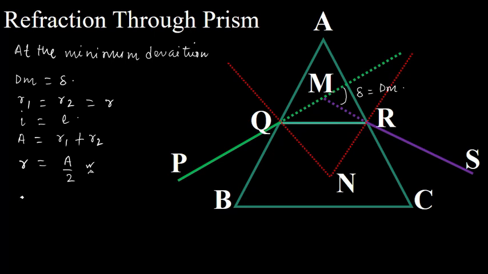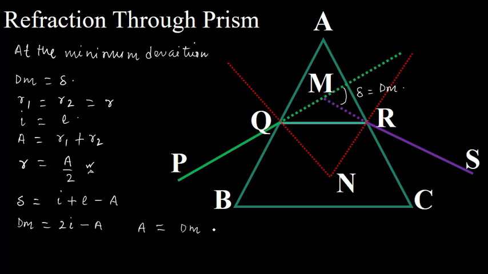Again we recall delta equal to I plus E minus A. According to this one, for minimum deviation, delta equal to dm, I equal to E, so we write down here I plus I, 2I minus A. So here dm equal to 2I minus A. When A moves to the left hand side, then this one will be plus.